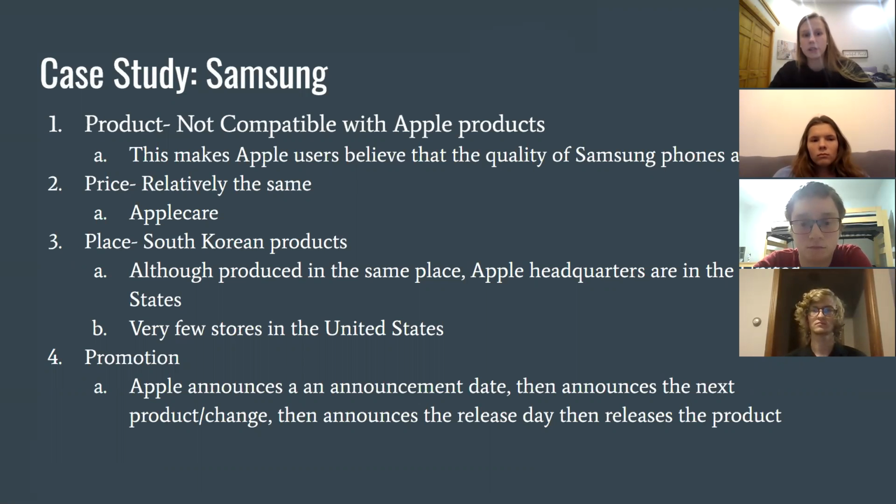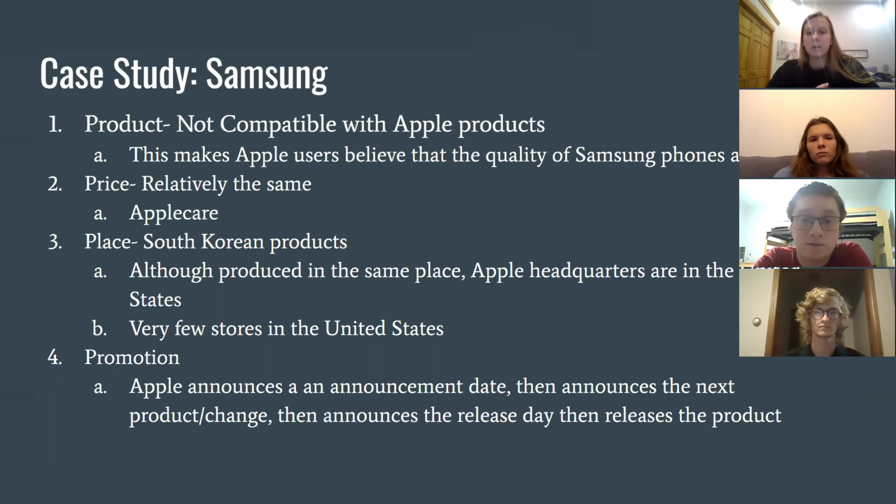For price, they're relatively similar, but Apple has AppleCare, and this just shows that the company is dependable and reliable on some of their products, and this does fluctuate with the price.